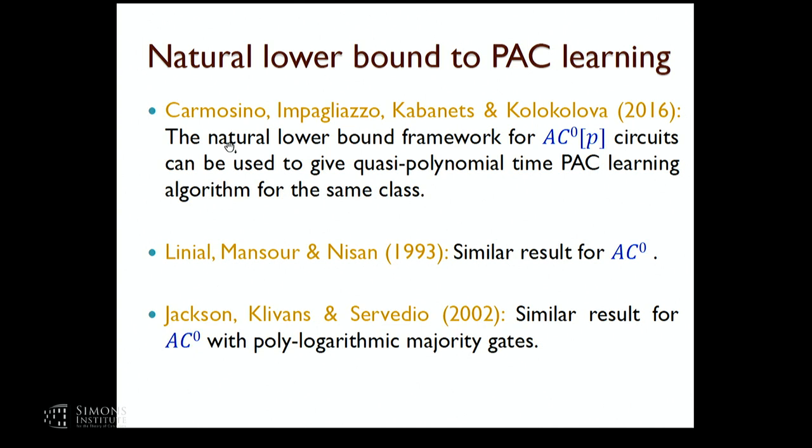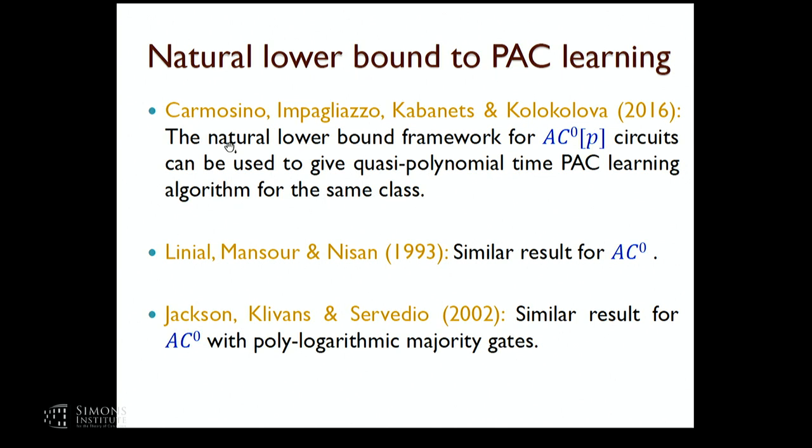there are several success stories coming from the Boolean circuit world, starting from the seminal celebrated work by Linial, Mansour, and Nisan, who used the natural lower bound framework for AC0 circuits to give a PAC learning algorithm. But let me start from the most recent one by Carmosino, Impagliazzo, Kabanets, and Kolokolova, who used the natural lower bound framework for AC0[p] circuits to give a quasi-polynomial time PAC learning algorithm for the same class.